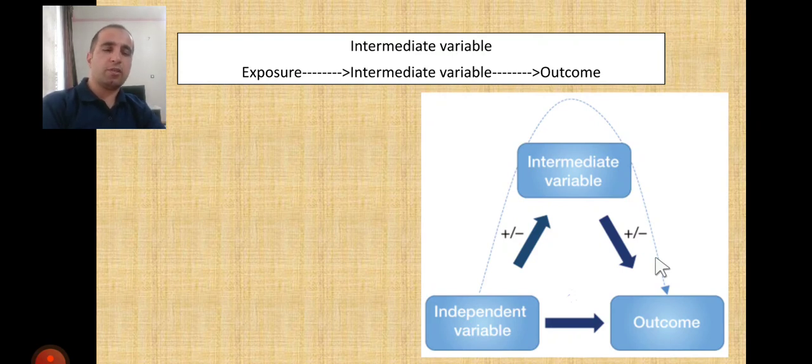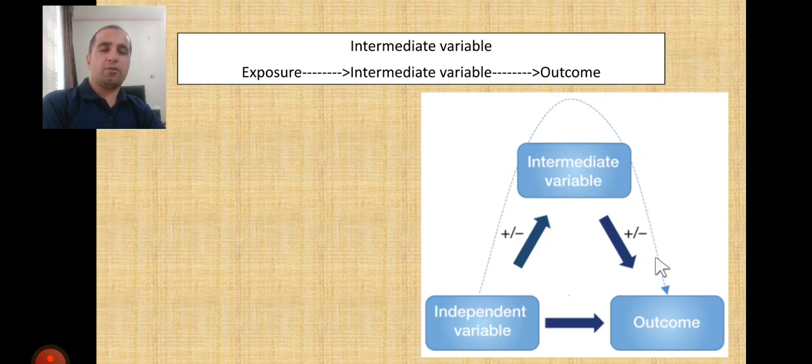Should we adjust for the intermediate variable or not? Let's talk about the first scenario. The first scenario is that the smoking explains its effect completely through COPD, and in this scenario, if we adjust for the COPD, we can't see the impact of smoking on the lung cancer because we have already removed the impact of exposure in the model.